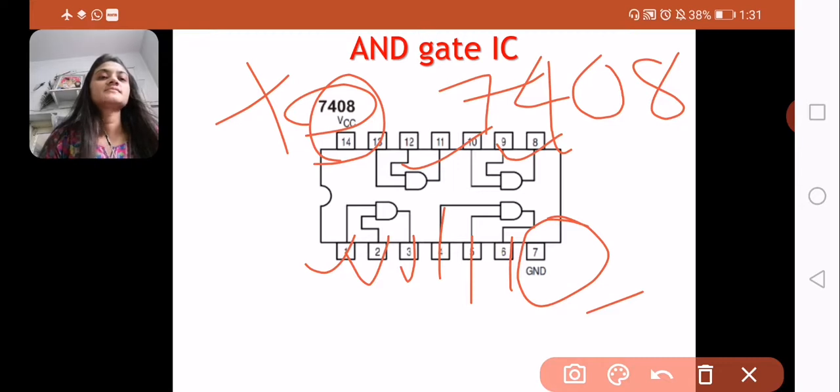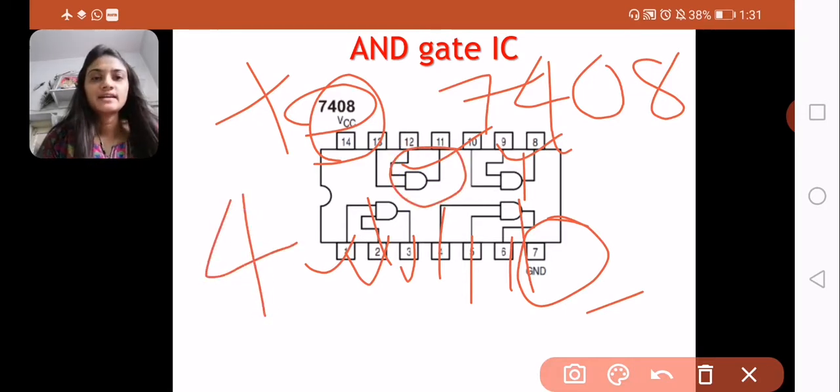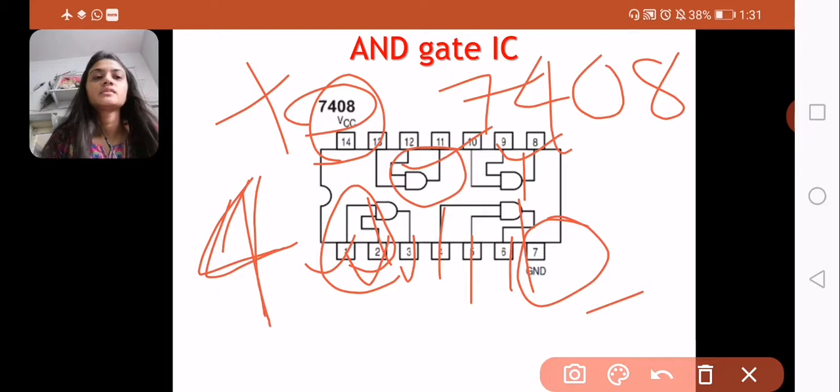How many gates are there in one IC? 1, 2, 3 and 4. Four gates are available in a single IC. In the NOT gate IC it was 6. Here the number of inputs is more, so more pins are used for inputs. So we can use only 4 AND gates in a single IC.